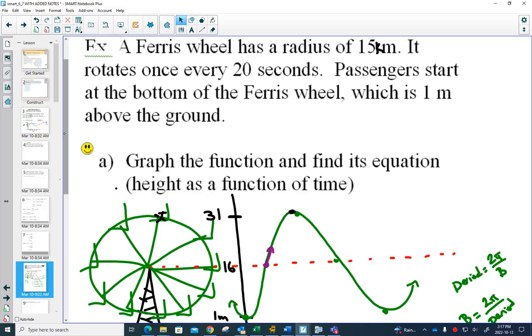Wait. I think you would be if you were going backwards that fast. If you're going forwards, you'd be okay. You'd be pressed against the seat pretty good until you got to the top.